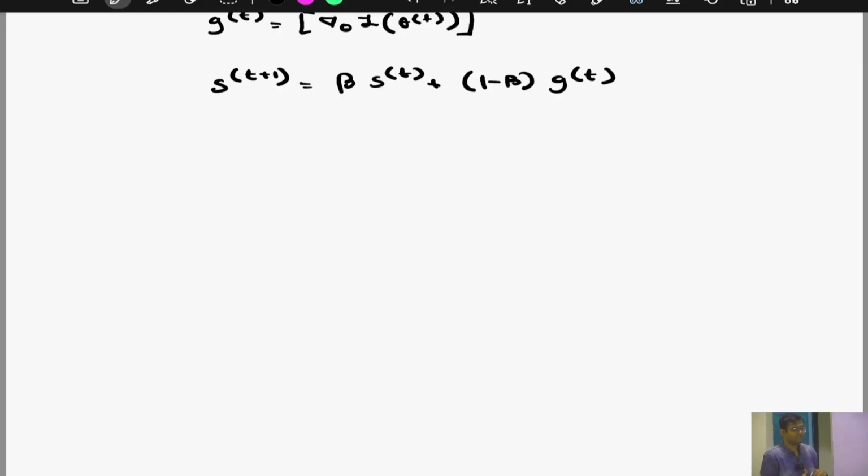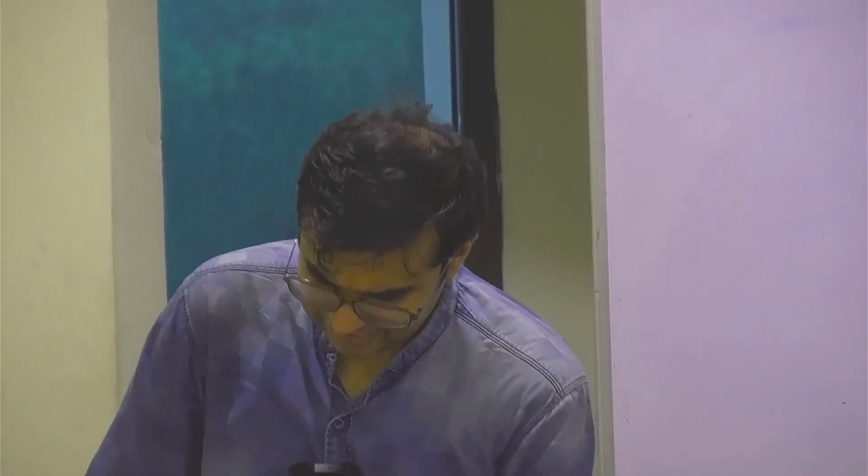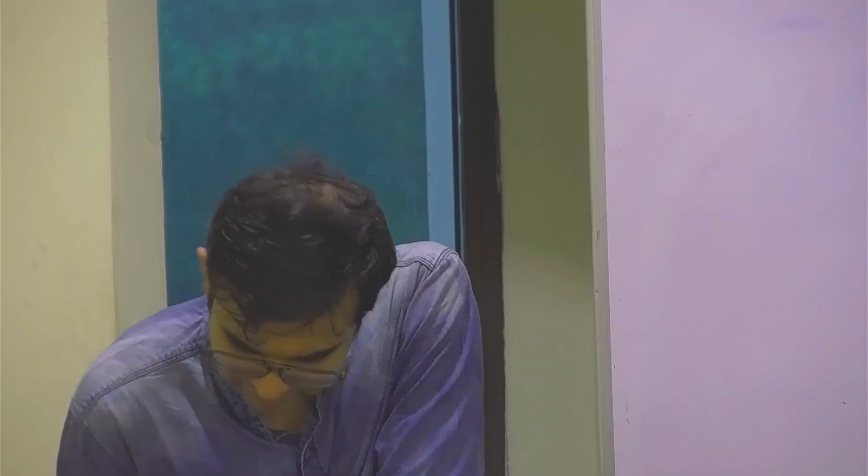So it gradually shrinks the long-term historical information and only retains the recent past, right? And you can decide this parameter, by the way. This basically addresses the aggressive scaling that you see in AdaGrad.